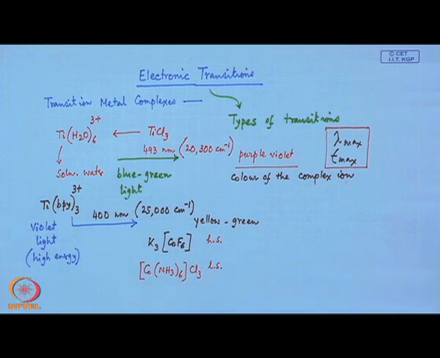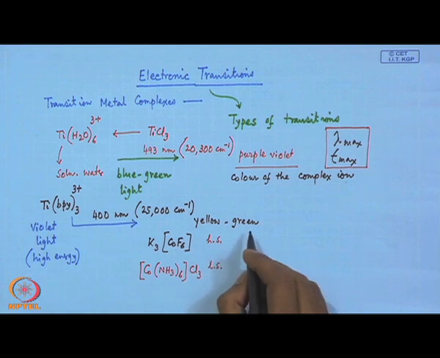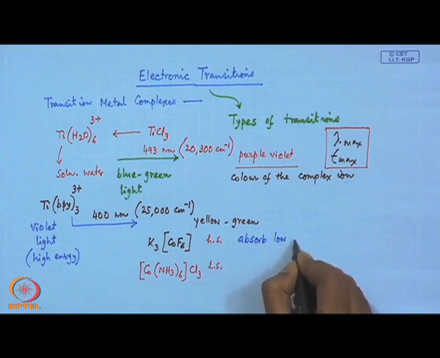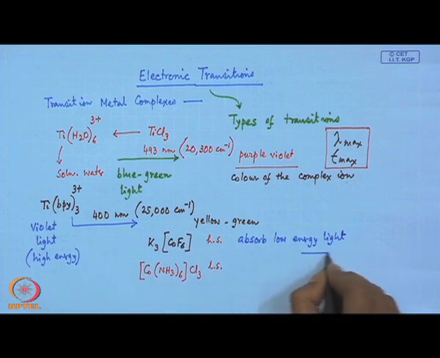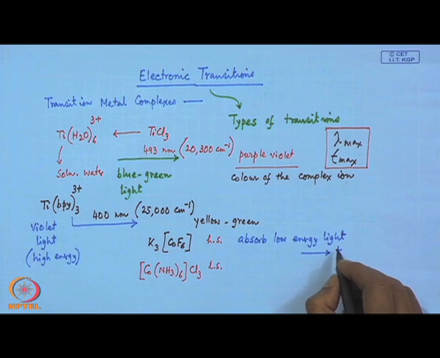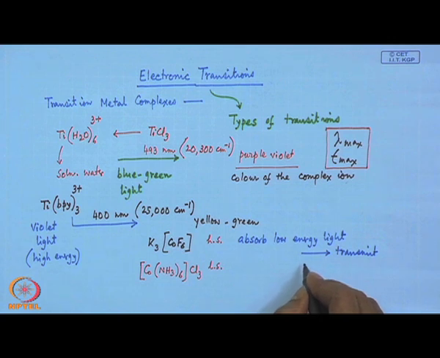So, electronic transitions will take place at different wavelengths. In this particular case, since it is high spin in nature, it will absorb low energy light, and therefore transmit the corresponding high energy light.